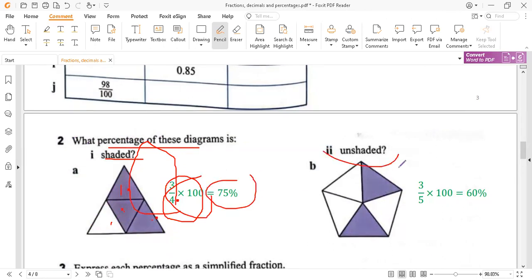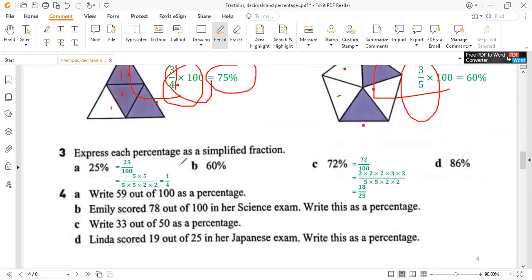And unshaded, here 3 from 5 by 100 is 60% unshaded. And also to express each percentage as a simplified fraction, 25% is equivalent to 25 over 100.